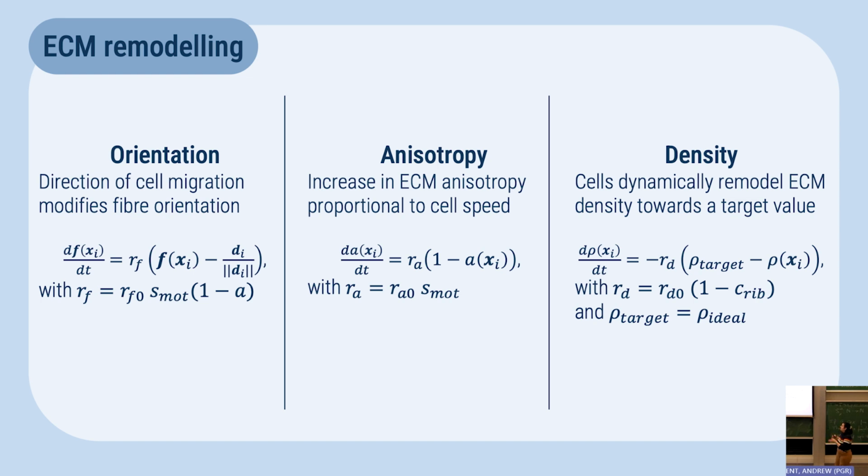If the ribose concentration is high, so the fiber stiffness is high, then the rate will be slower. And that's the only function in my model that has a direct dependence on ribose, and that has an effect on the overall behavior, because if I'm slower degrading the ECM, I will move slower, I will proliferate slower, and so it will have an effect on the actual spheroid growth.